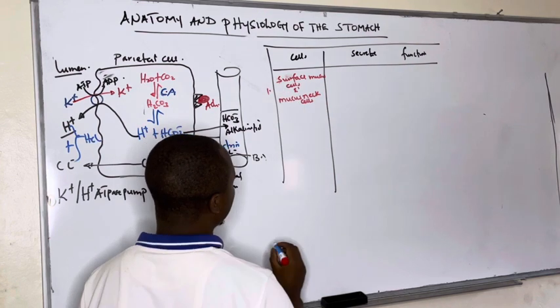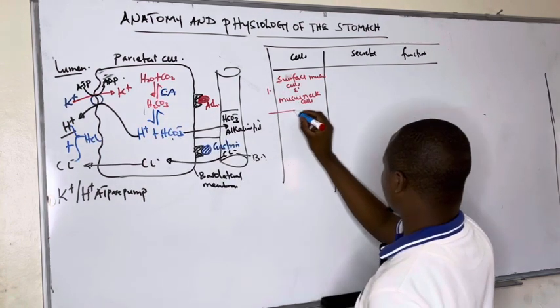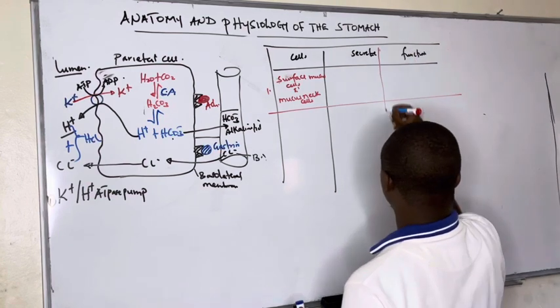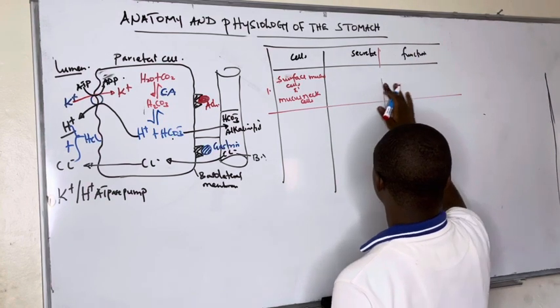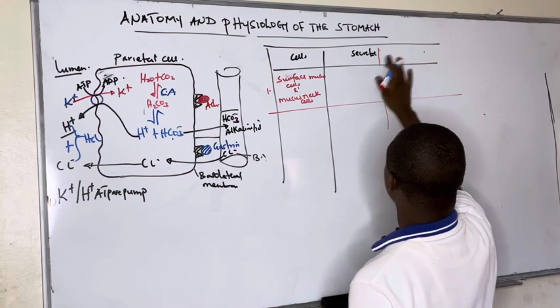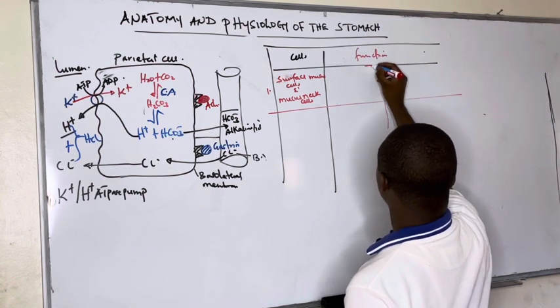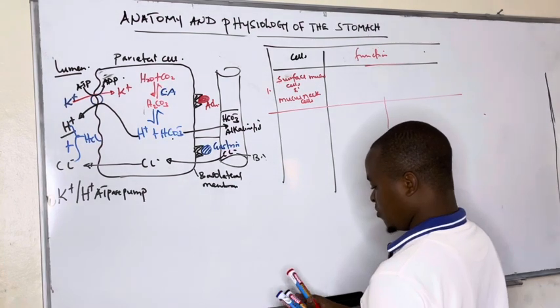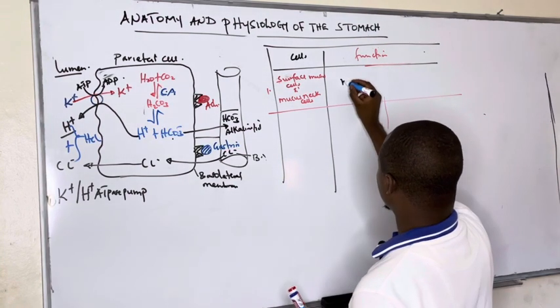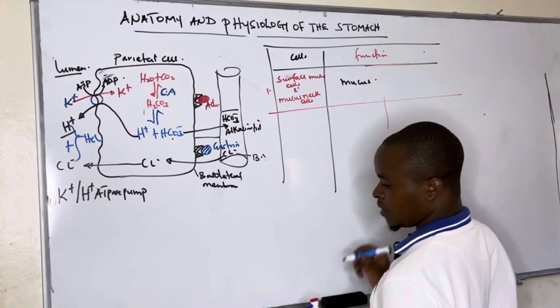This is cell number 1. And these mucus cells are responsible for secreting mucus. They are the ones that secrete mucus in the stomach.